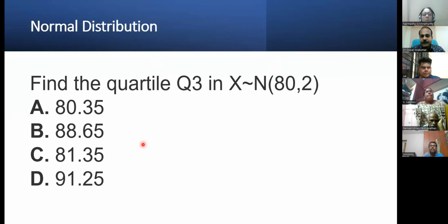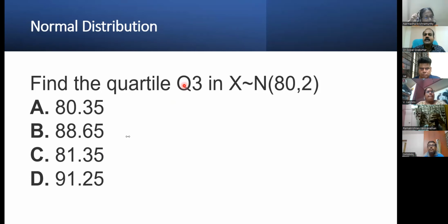For Q3, the probability for the points to come below Q3 is 75%. So I gave the probability and got the Q3 value. You can also do it yourself parallelly. 81.35, yeah, C.